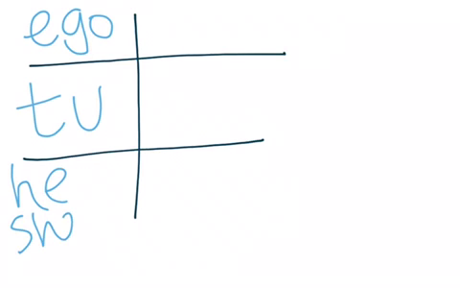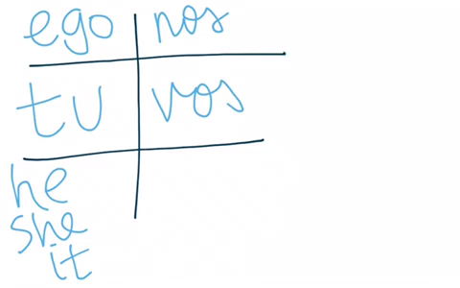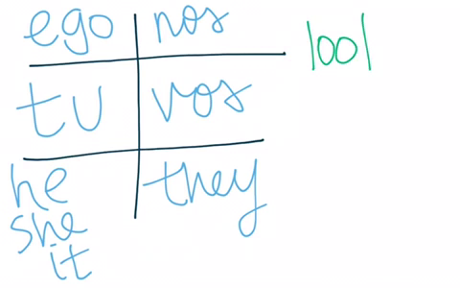He, she, it, third person singular spot, right? First person plural, nos, meaning we. Second person plural, vos, meaning you all. And third person plural, they. Right? So you look at the subject.